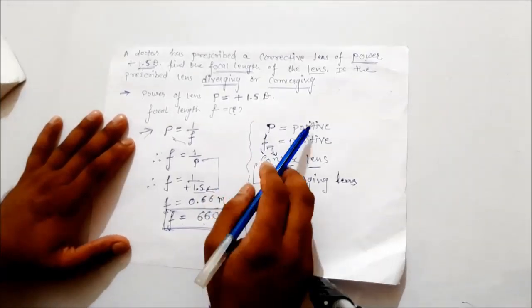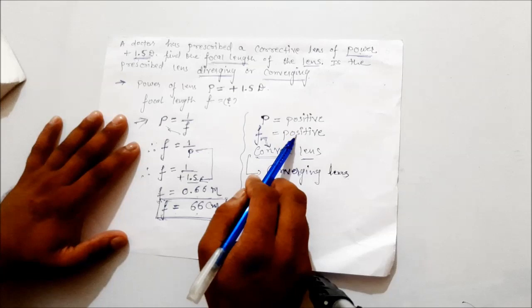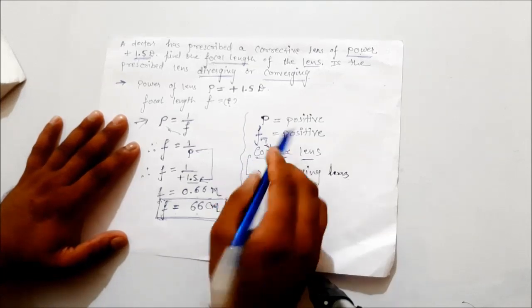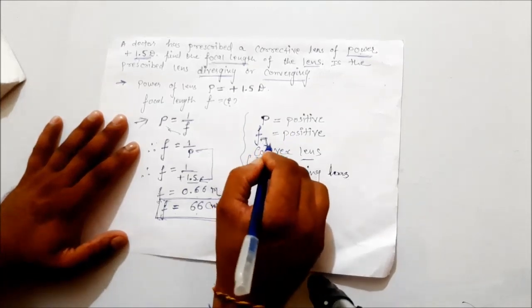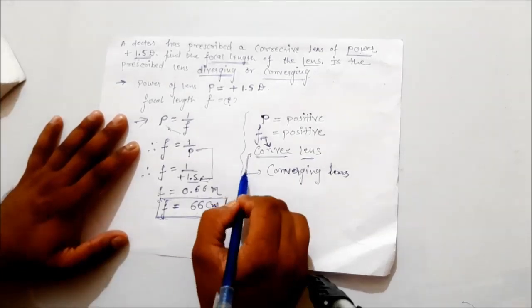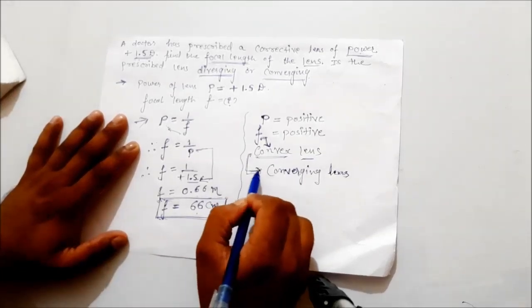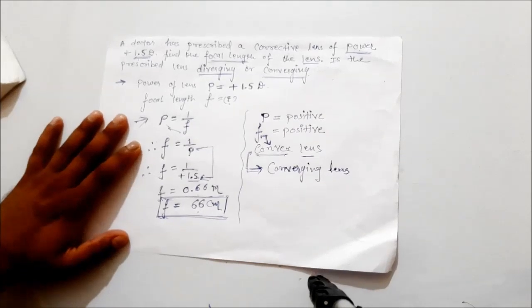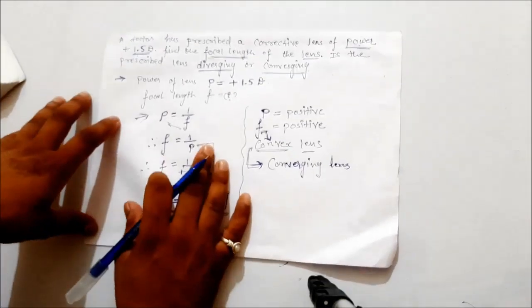As the power of lens was positive, the focal length was also positive, and focal length is positive for convex lenses, right? So as it is positive for a convex lens, and a convex lens is called a converging lens. Okay, so this way we can calculate the sum.